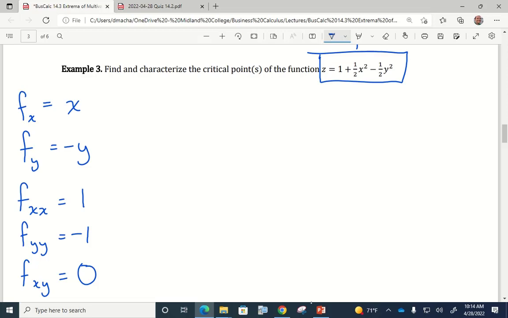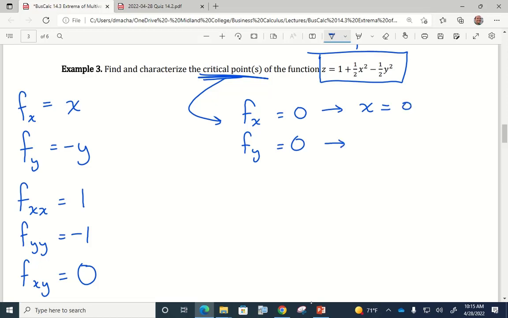My critical points. How do I find the critical points? That means I take my first derivatives and I set them both equal to 0. So that is going to say x is equal to 0.